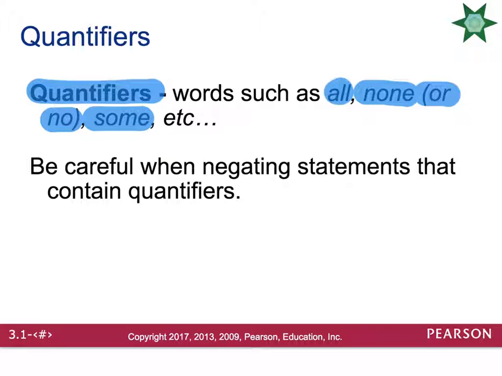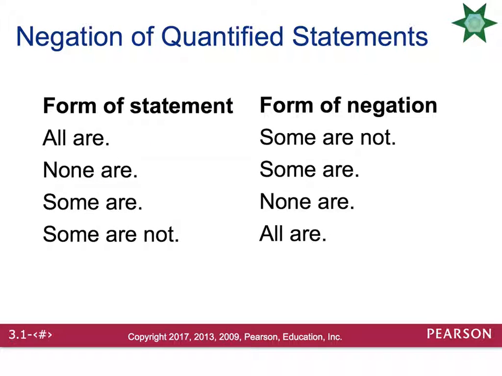For example, if we say all are, our negation cannot be all are not. When we say all are, that means every one of them is. So to make that not true, we'd say that some are not. We have to be careful with the negation of things like this.